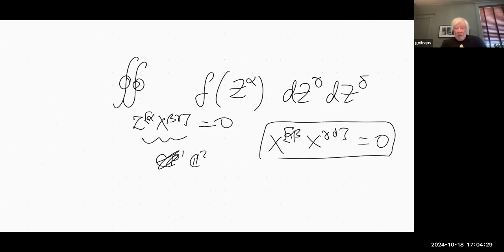Now, I mentioned at the beginning of the talk that it seemed like it was important to go from a one-dimensional integral to a two-dimensional one. So why is that important? Well, when you do contour integrals, you have poles.